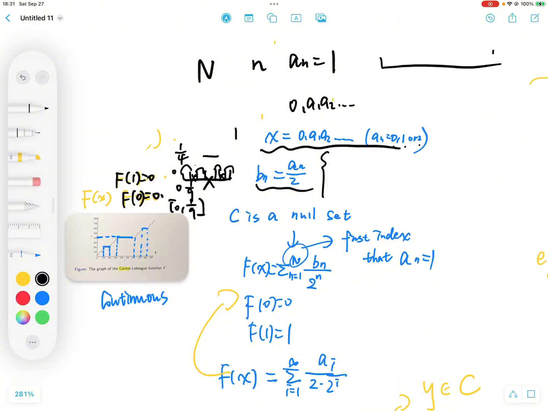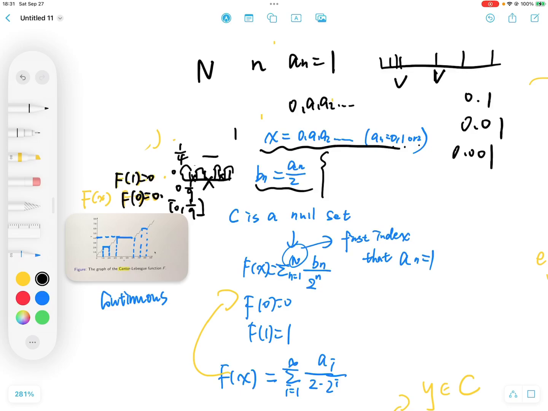This means for a_n equals 1, for example, 0.1 here, and 0.1 here, and 0.1 is here. Why is that? Let's first begin our definition.